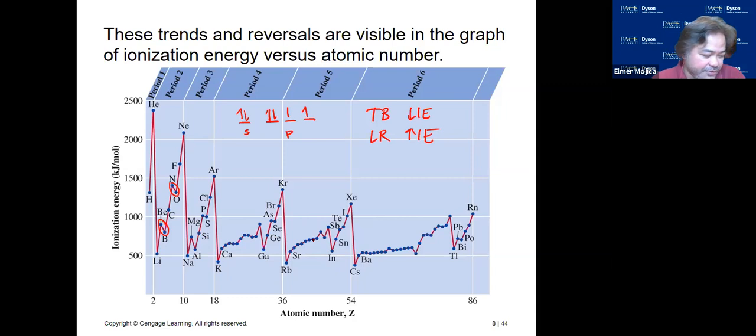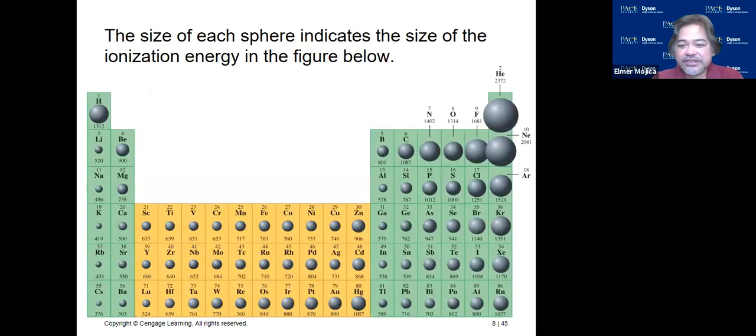And if you're going to look at the ionization energy, this is what you have. So the one that is the highest is the smallest atom, and the one that is the lowest ionization energy is the biggest atom. Okay?